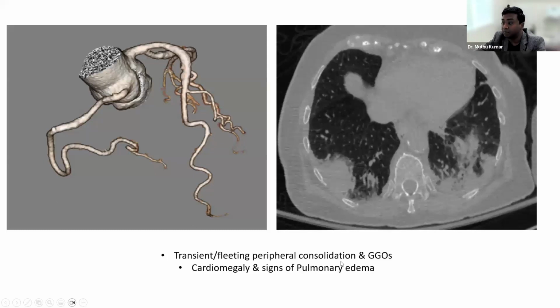Transient or fleeting peripheral consolidation and ground glass opacities over multiple prior studies, and the presence of cardiomegaly and signs of pulmonary edema, because in this disease there is predominant heart involvement. Most of the patients will have heart failure, and they can have pulmonary edema, and they can also have coronary aneurysms.